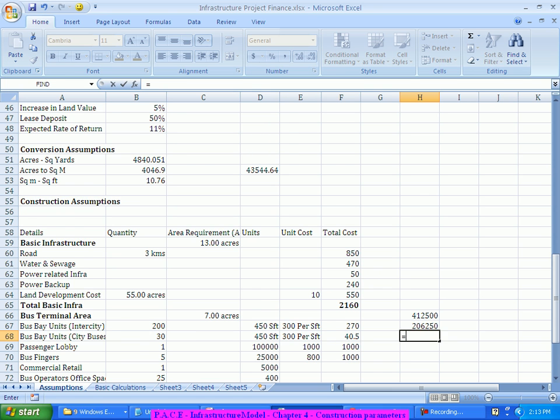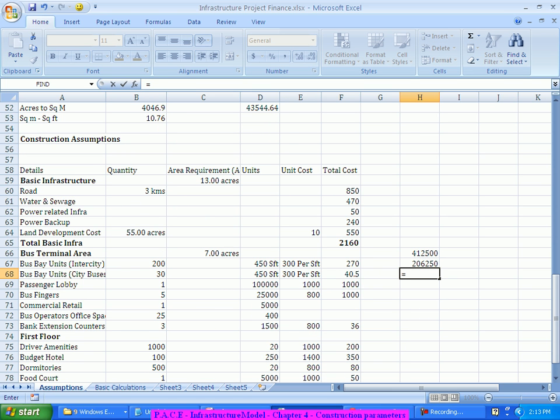If I want to convert it into acres, I'll divide this by this number, since 1 acre equals these many square feet. My total building area, terminal area, is 2 lakh SFT, which is getting converted into 4.73 acres.